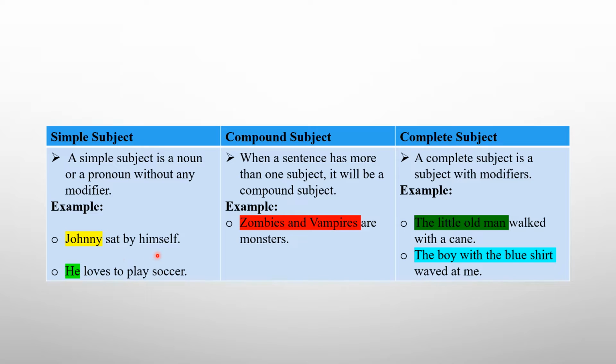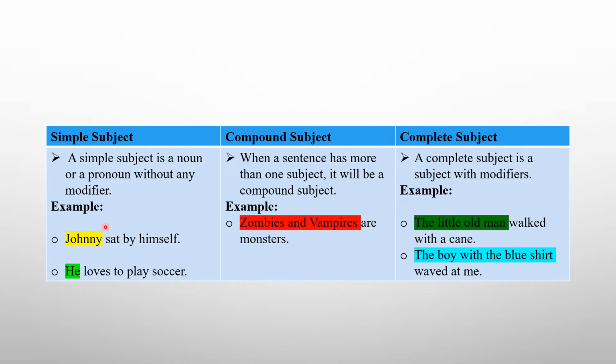Johnny sat by himself. So you see over here Johnny is a single subject without any adjective or determiners. So this is a simple subject. Next one is he loves to play soccer. Again, there is a pronoun which is taken as a subject and there is no other modifier.